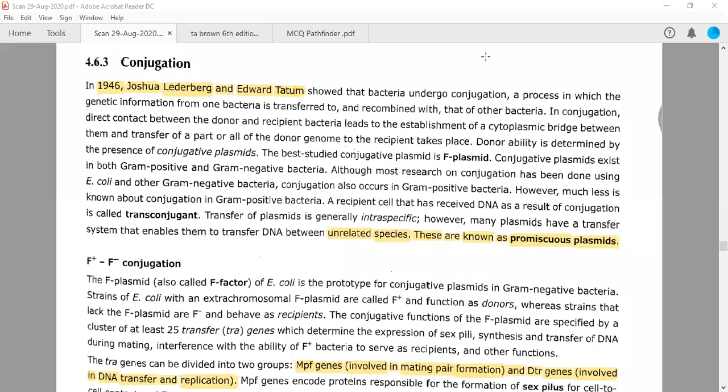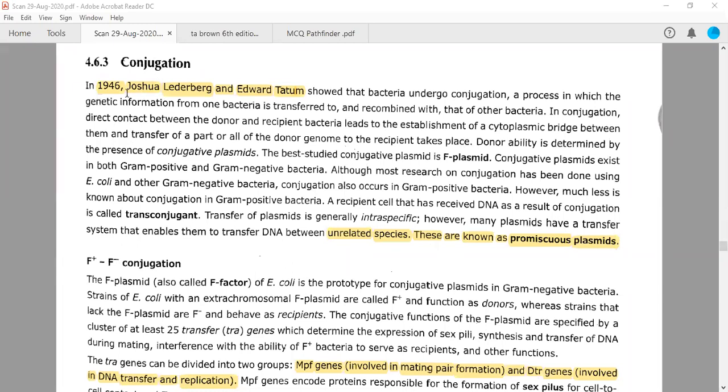The process was discovered in 1946 by two scientists, Joshua Lederberg and Edward Tatum, and they gave the clue that bacteria undergo a conjugation process. By this process, they are able to transfer genes from one organism to another organism. This is called horizontal gene transfer or lateral gene transfer, right?